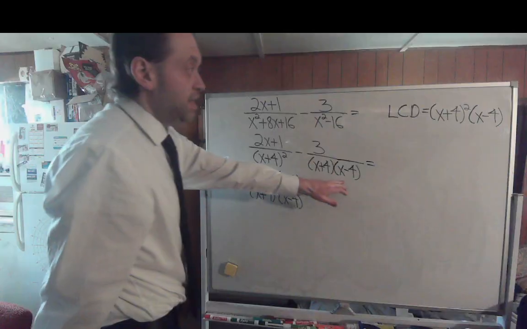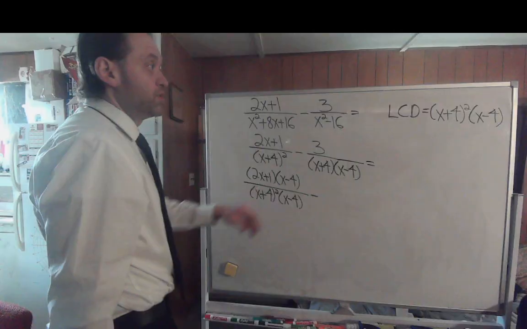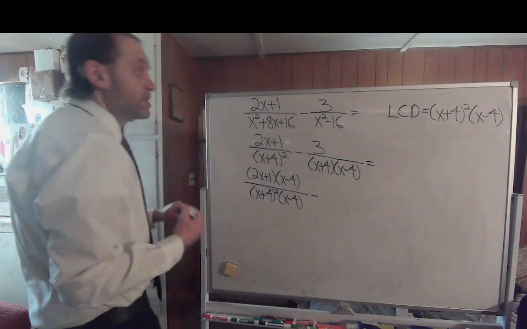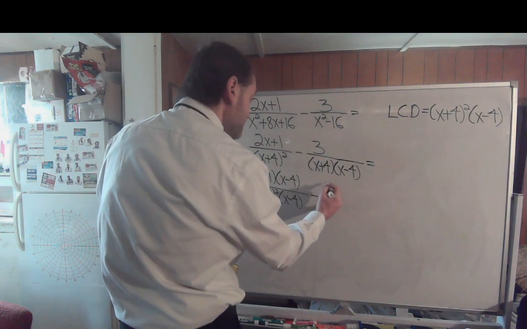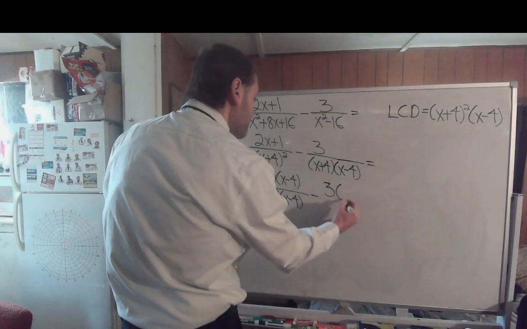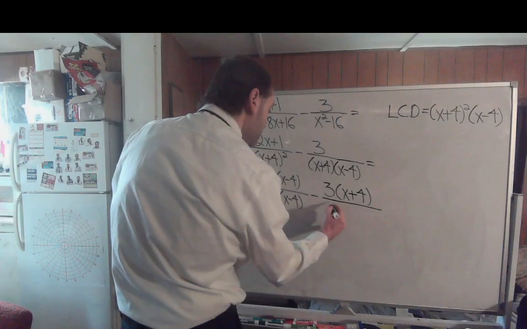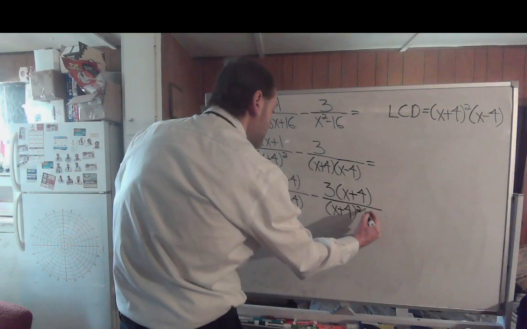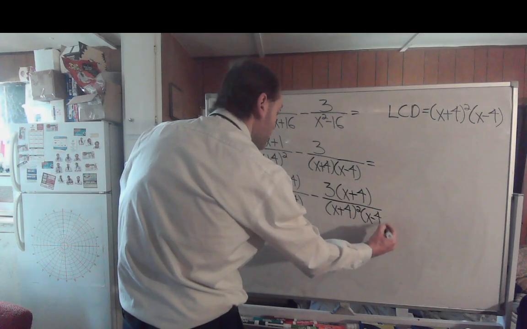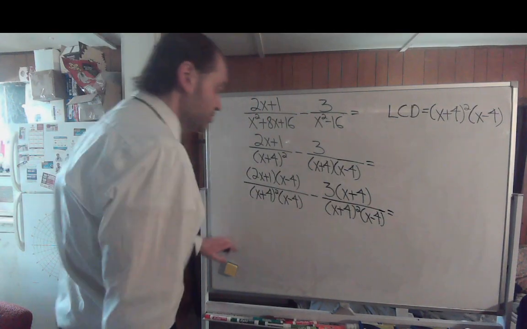You have an x minus 4 in the second term, and you have one x plus 4, but you need to have (x plus 4) squared. That means you need to multiply the numerator and denominator by x plus 4. So this would be 3 times (x plus 4) all over (x plus 4) squared times (x minus 4). Now that we have the same common denominators, we can proceed.